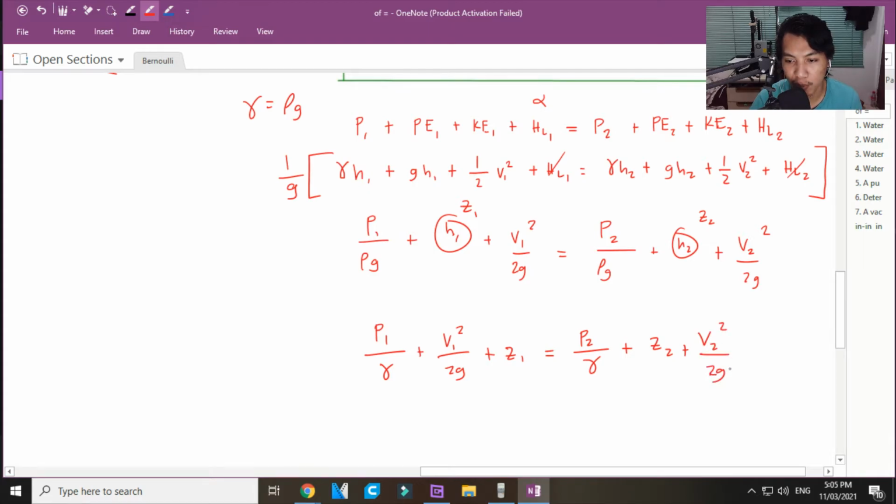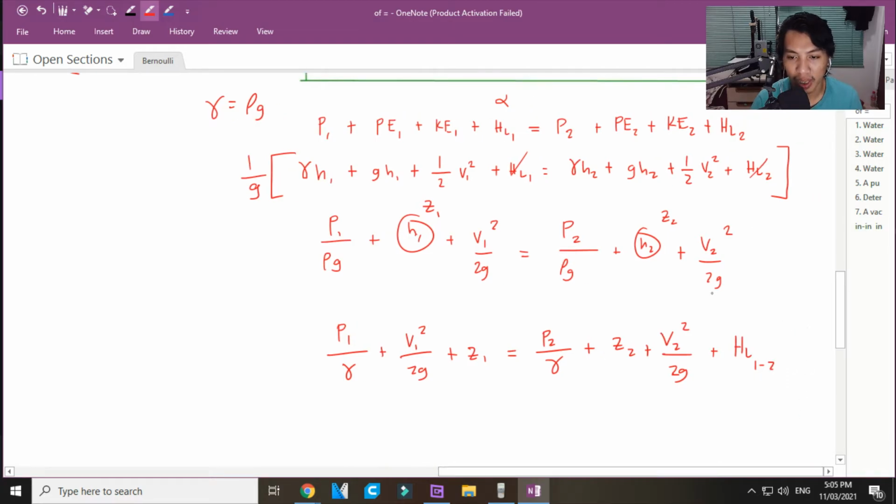Sir, saan po mapupunta yung head loss? Now, the head loss, add mo na lang sa dulo parati. Head loss from the point 1 to 2. Okay. Ayan na, nasa dulo. This is now the equation for Bernoulli.